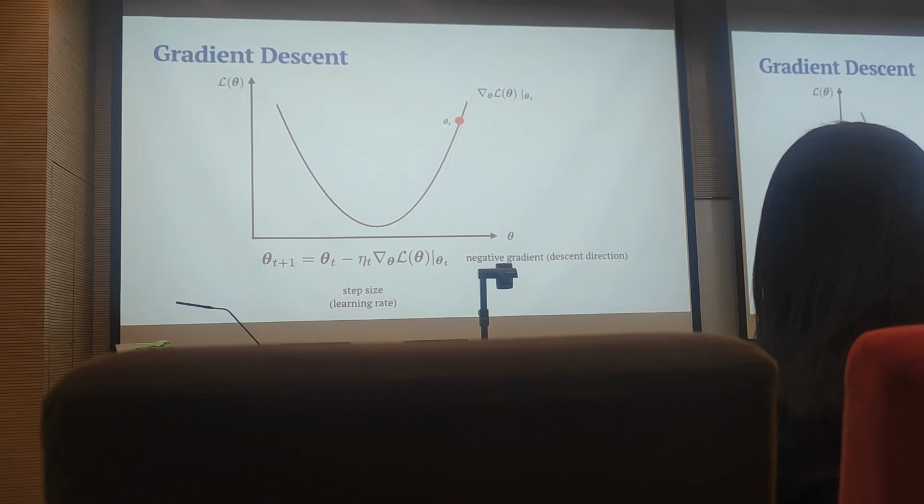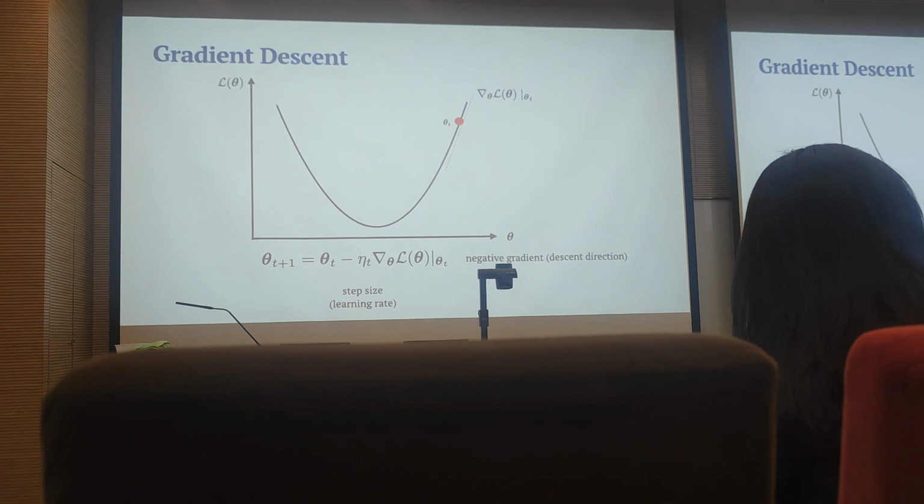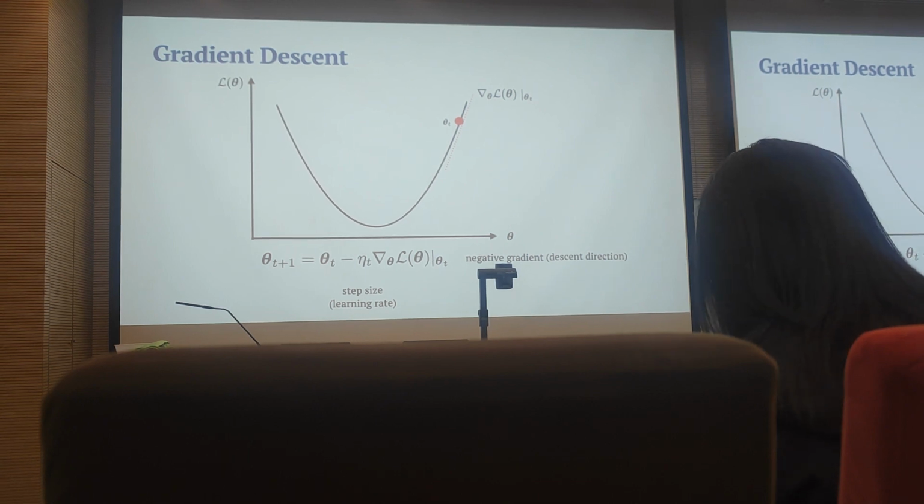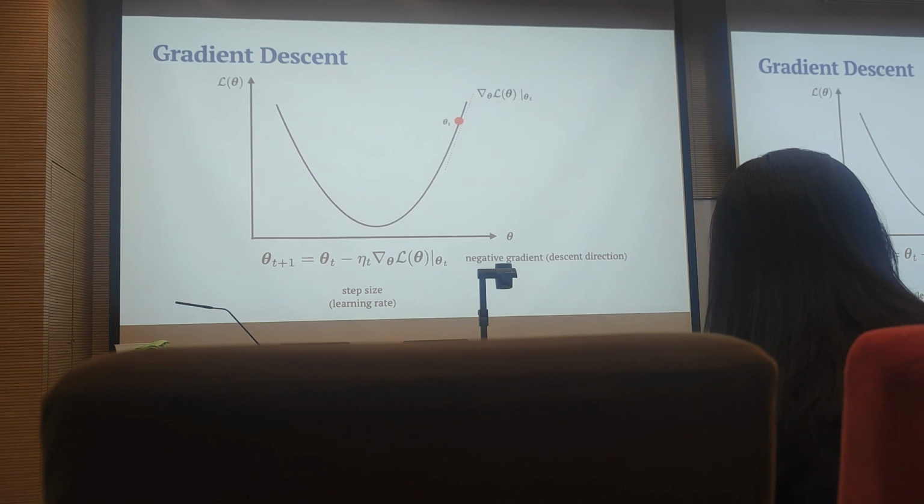We want the loss to be minimized, so the best theta here is this, right? We can change the value of W1, W2, and B so that the final loss function is minimized. Here we only have one parameter, and we change it to minimize the loss function. This is what we do in gradient descent.